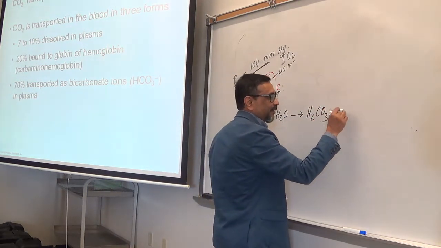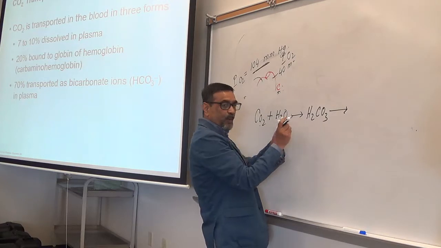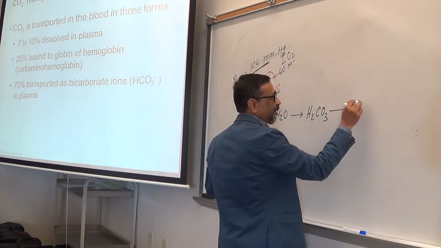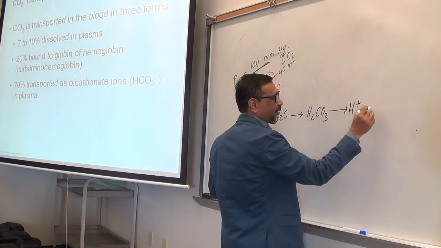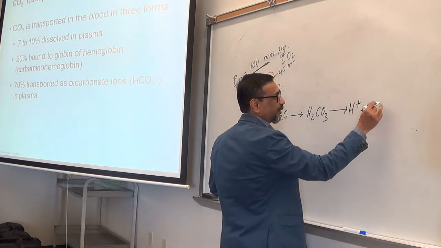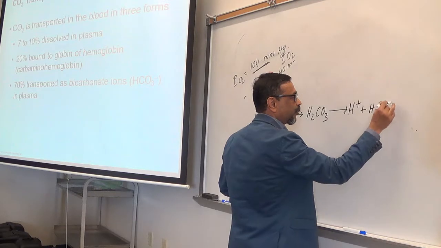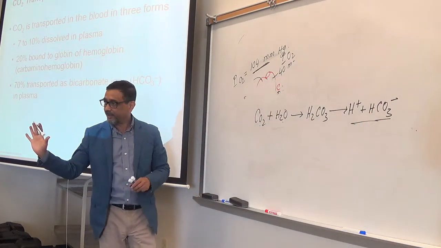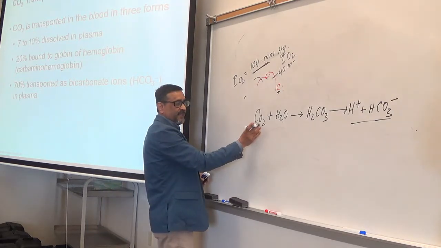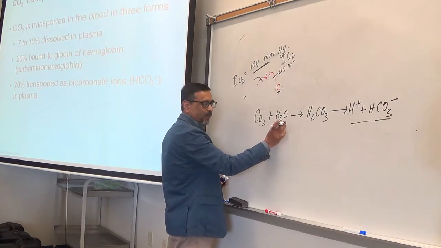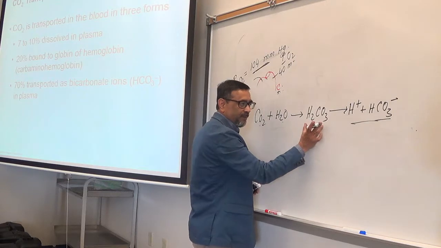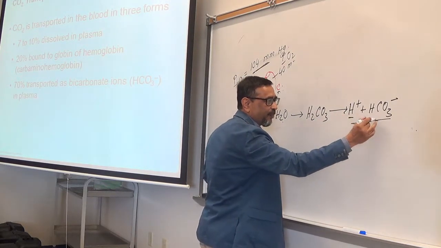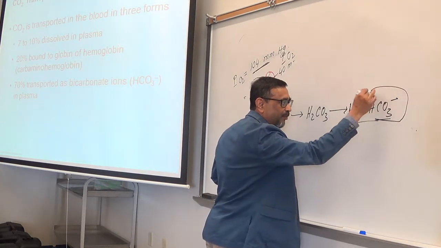And then this carbonic acid quickly breaks again into hydrogen and bicarbonate. Okay, so that is the reaction you need to know. Very important reaction. So carbon dioxide enters into the blood. Blood has water. They together form carbonic acid, and quickly it splits into hydrogen ion and bicarbonate. This is called bicarbonate.